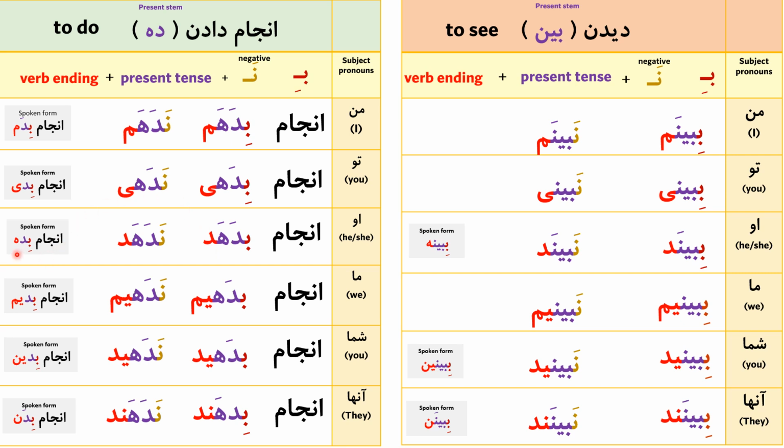Or انجام نده. انجام بدهیم, انجام بدیم. Or انجام ندیم. انجام بدهید, انجام بدین. Or انجام ندین. انجام بدهند, انجام بدن. Or the negative انجام ندن.